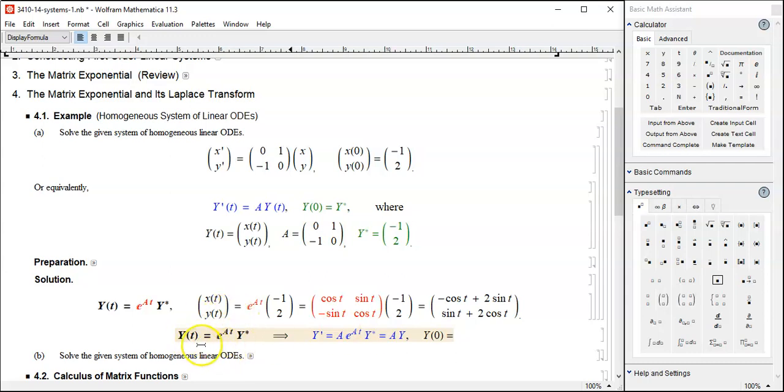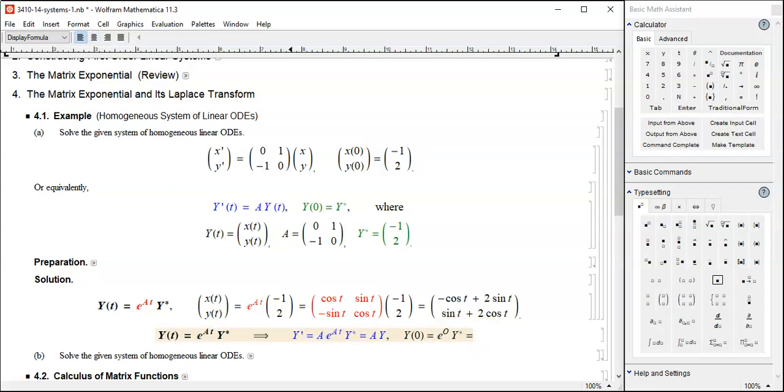Okay, here plug in t equal to 0. Then we have e to the A times 0, but then again this is scalar multiplication. Multiply 0 to each entry here, then everything will become 0 and you're going to get a 0 matrix. Times y star, and what is e to the 0?